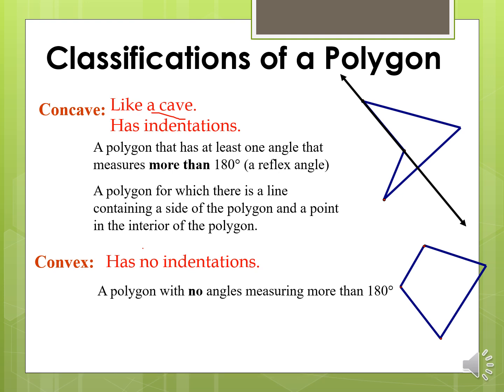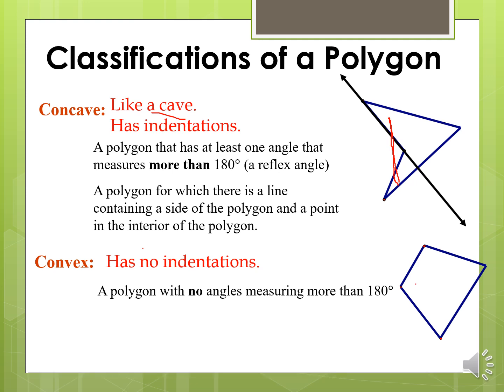As you can see here, if we attach a certain point and draw the line containing a side, and it touches outside, that one is what they call a concave polygon.